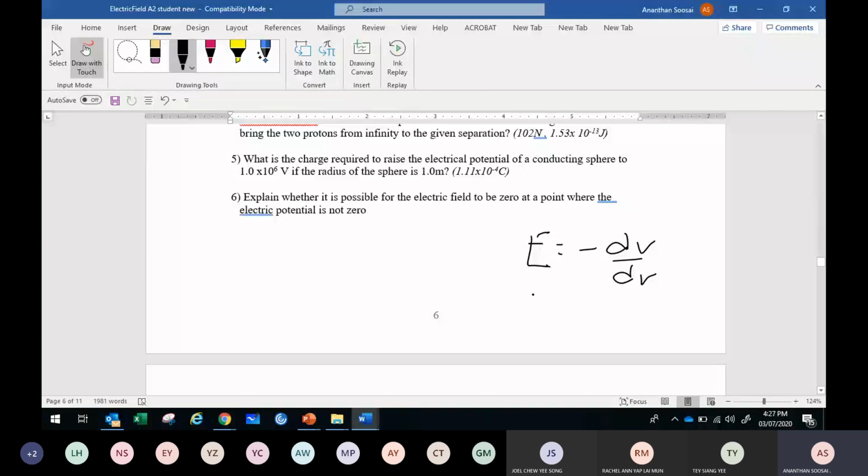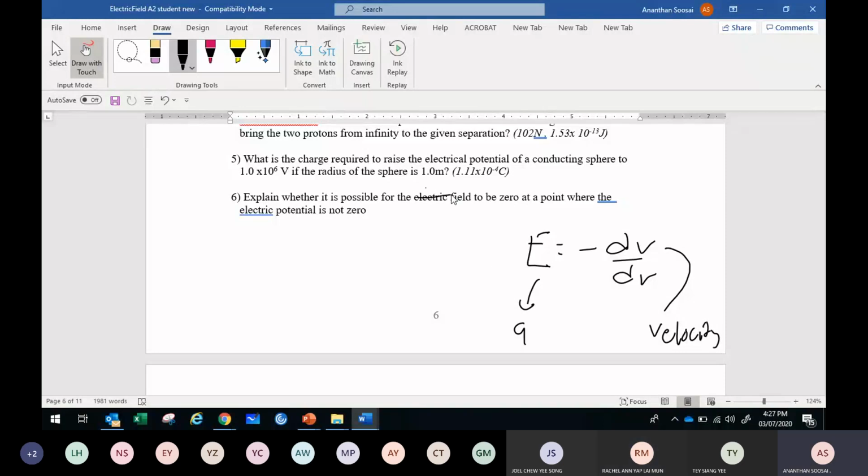Okay, you can imagine electric field as what? Acceleration. You can imagine potential as what? As velocity. If you do not really understand the relation, you can use an analogy: electric field like acceleration and potential like velocity. Explain whether it is possible for the electric field to be zero, with electric field replaced with acceleration.